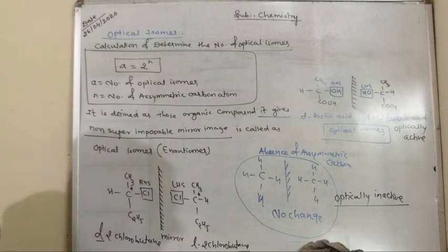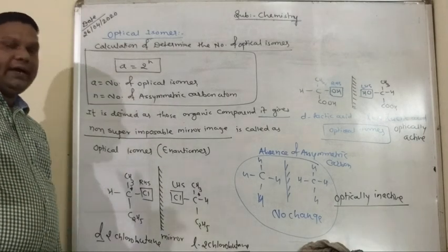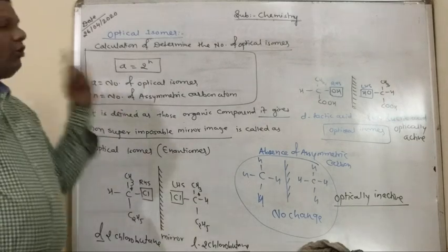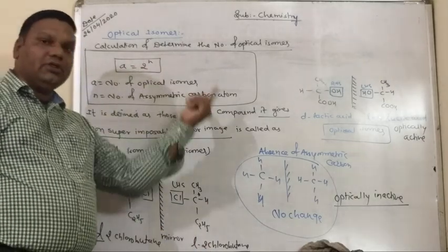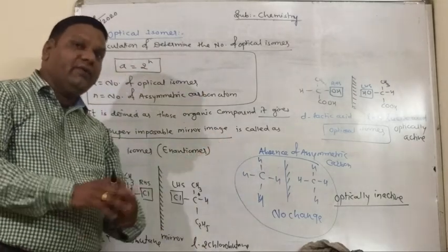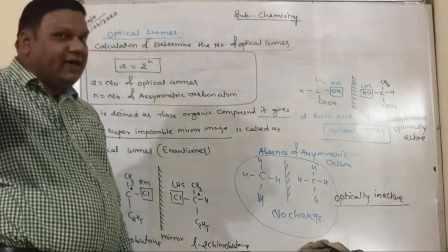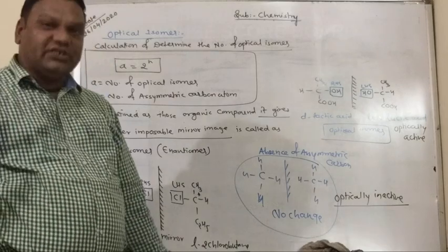If it contains one asymmetric carbon atom, then you will get 2 isomers. If it has 2 asymmetric carbon atoms, then 4 isomers. 2 raised to the power 2 is 4. If it has 4 asymmetric carbon atoms, how many optical isomers are there? 2 raised to the power 4 is equal to 16.